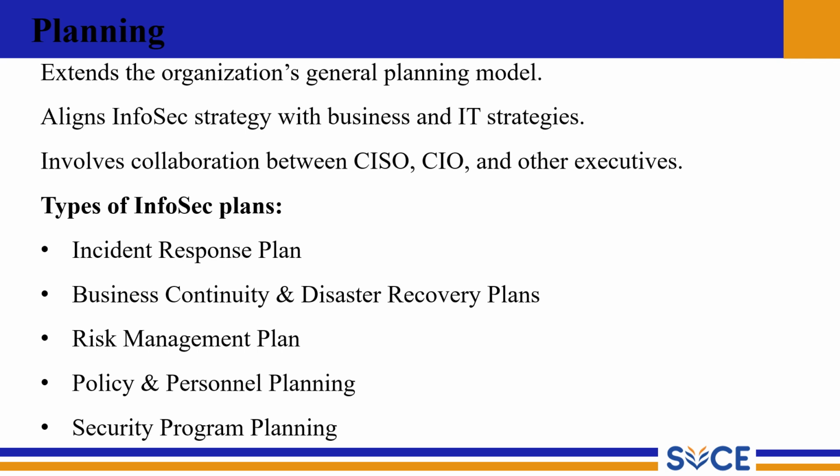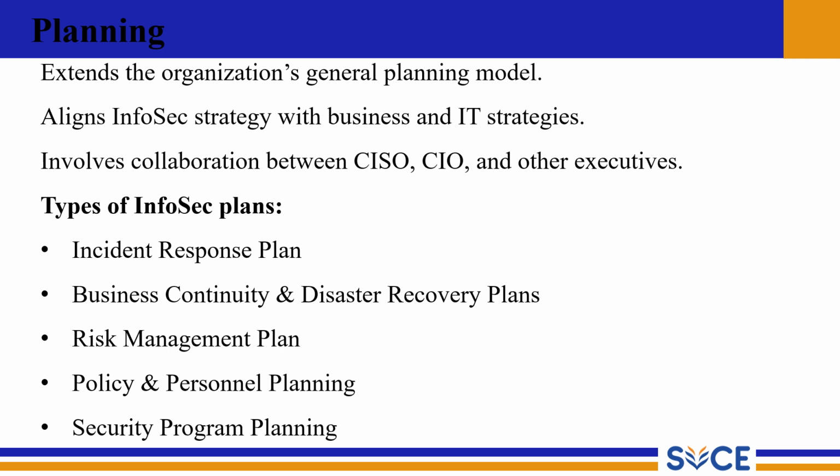In most organizations, the business strategy drives the IT strategy, and the IT strategy in turn informs the information security strategy. The CISO collaborates closely with other executives, including the CIO and department heads, to make sure that the security plans support the overall direction of the company.